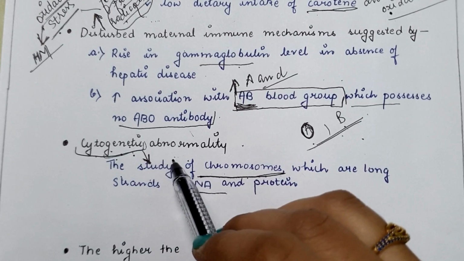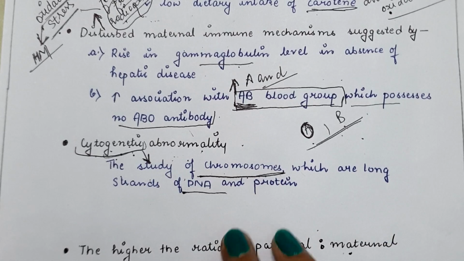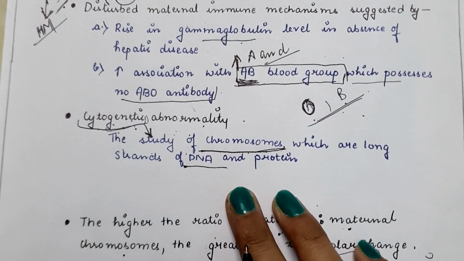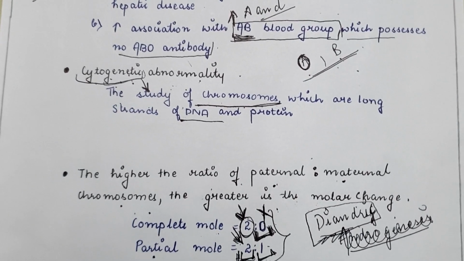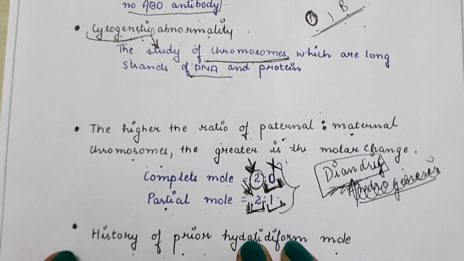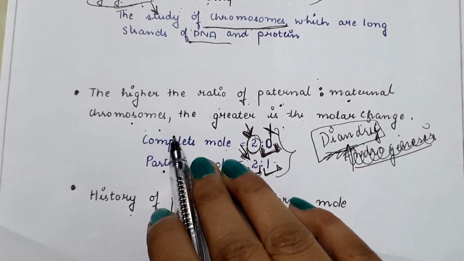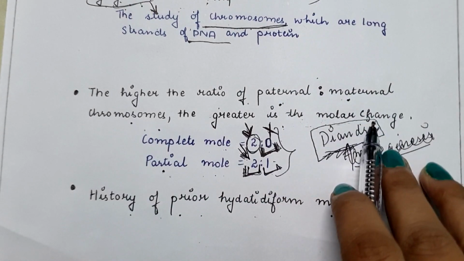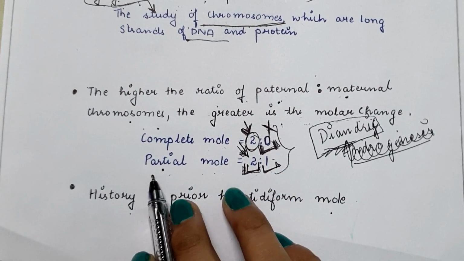And the chromosomal abnormality that I already discussed under the types of hydatidiform mole, how the chromosomal abnormality results in the hydatidiform mole. Next, the higher the ratio of paternal to maternal chromosomes, the greater is the molar change. That I already discussed under the types of hydatidiform mole.